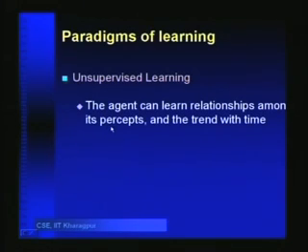So, we see that whenever this happens, then that also happens. That is the kind of learning which is unsupervised. We will mainly study in this chapter supervised learning and reinforcement learning.